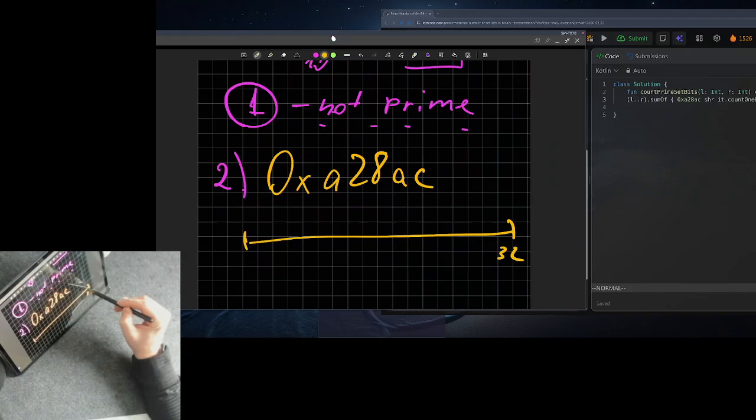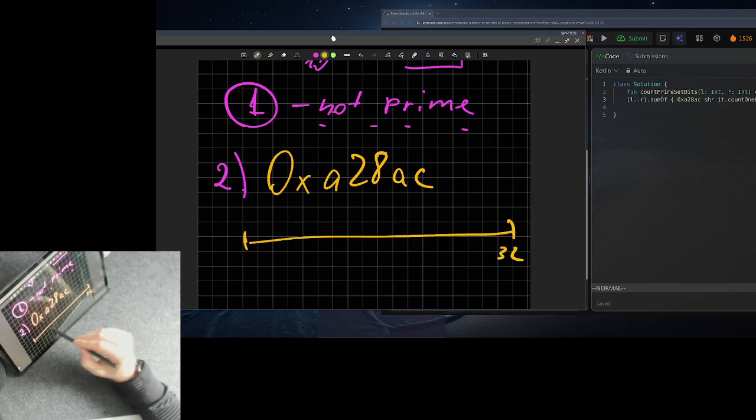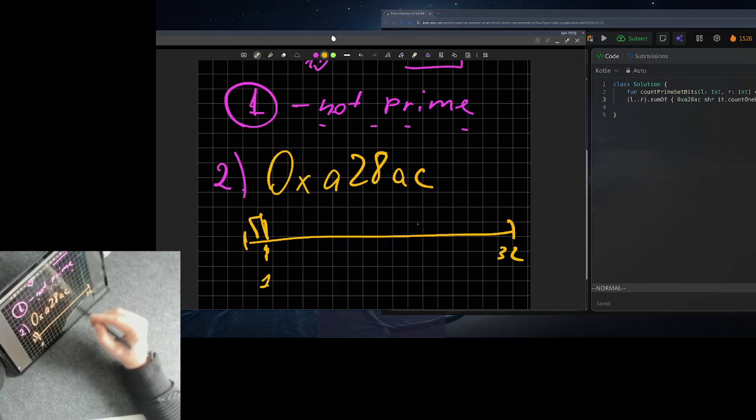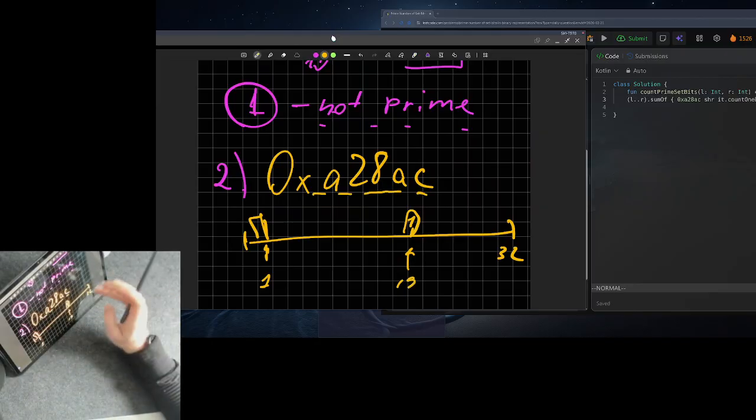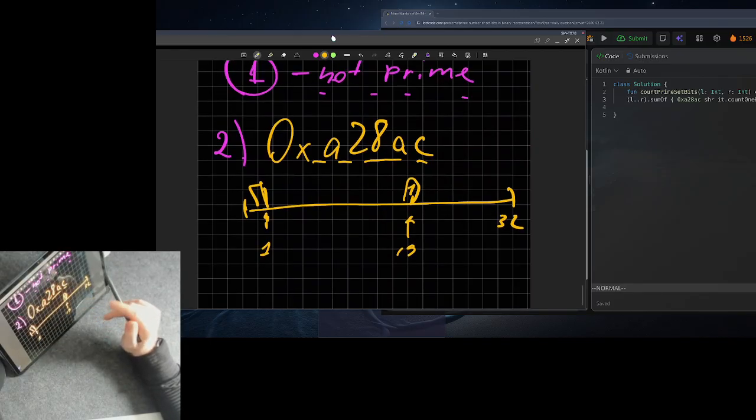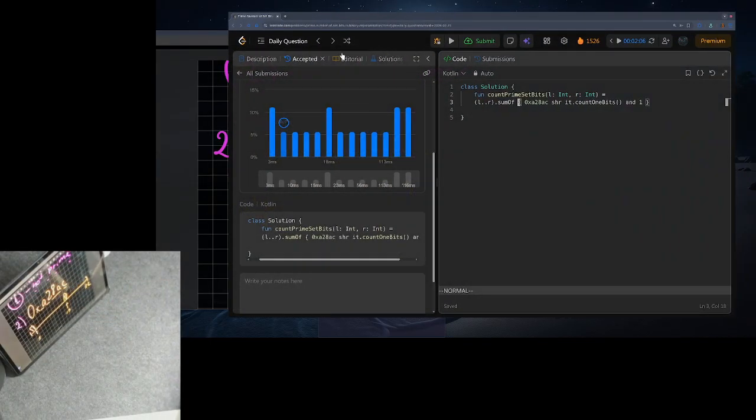Okay, 32 bits, and we have primes pointing to the bits, like prime 1 is the first bit, or prime 19 is the 19th bit, and this is a bit mask of these primes. It allows us to speed up a little. We just shift right by the bit count and check with and 1.